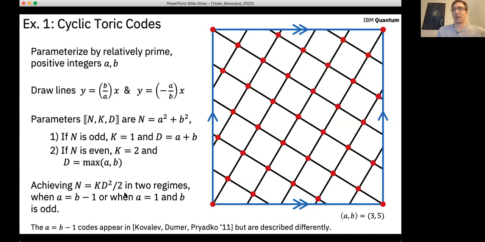And if n is even, you get 2 encoded qubits and the distance is max of a, b. So you can achieve k d squared over 2 in basically 2 ways. You can choose a equals b minus 1, or you can choose a equals 1 and make b odd. And some of these codes have appeared before, I should mention.